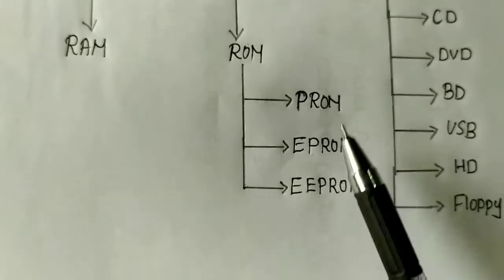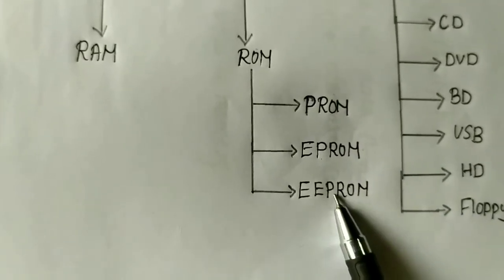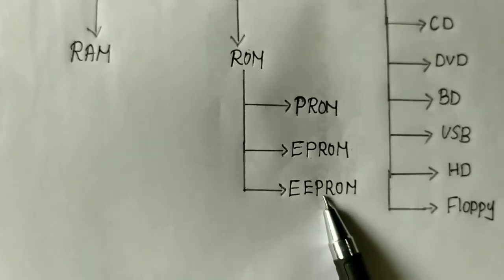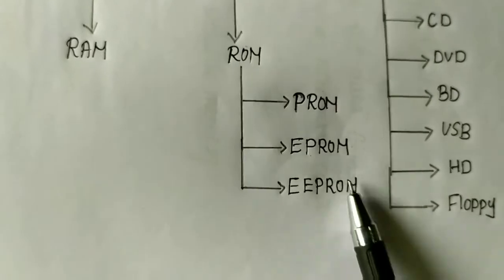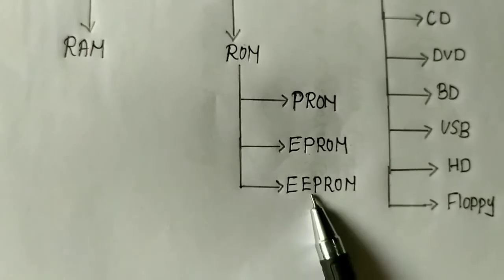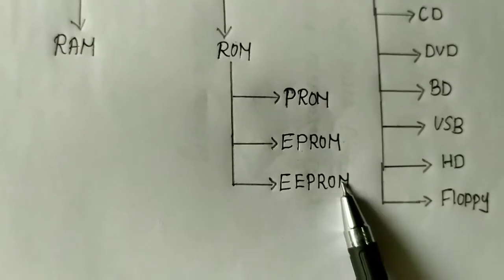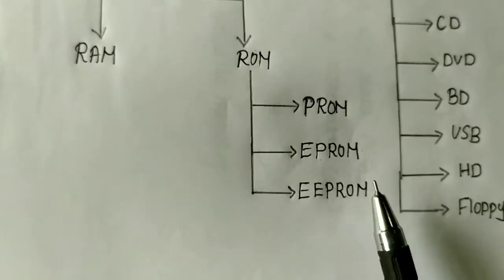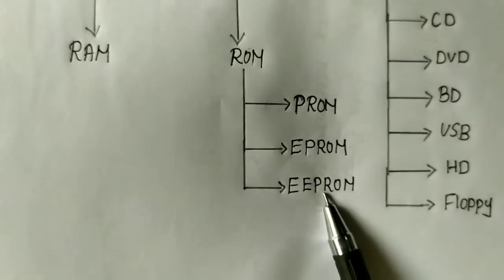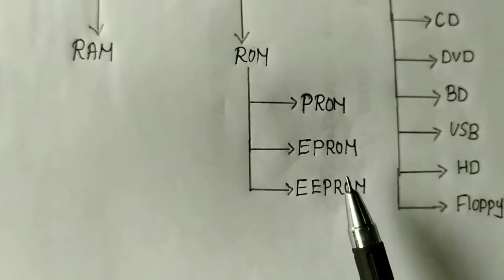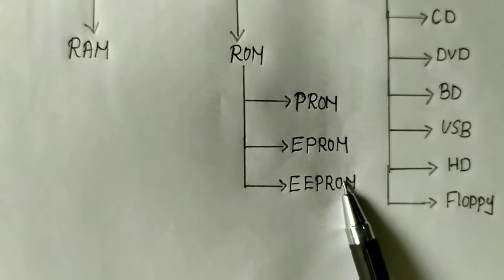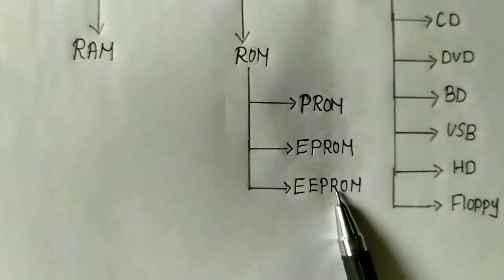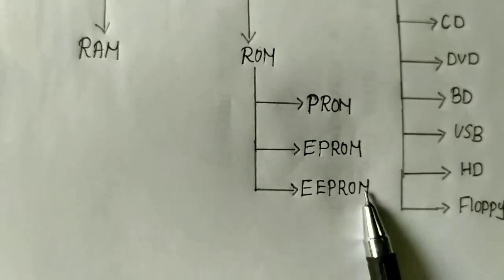Next one, EEPROM, electrically erasable programmable read-only memory. In this type of memory, data can be erased electrically and can be electrically rewritten later.